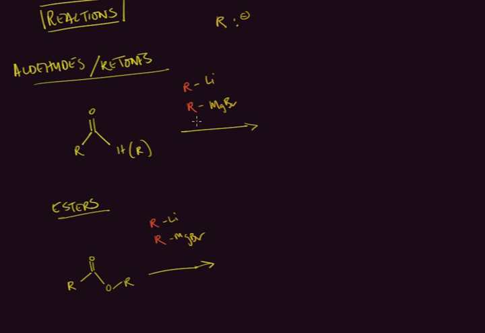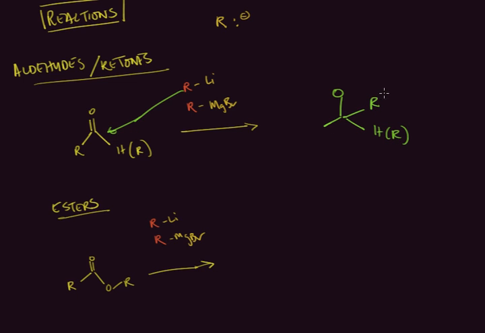So with aldehydes or ketones, you're going to see this R group add to the carbonyl carbon, and it's going to look like this. You've got either that aldehyde hydrogen or the ketone R group.